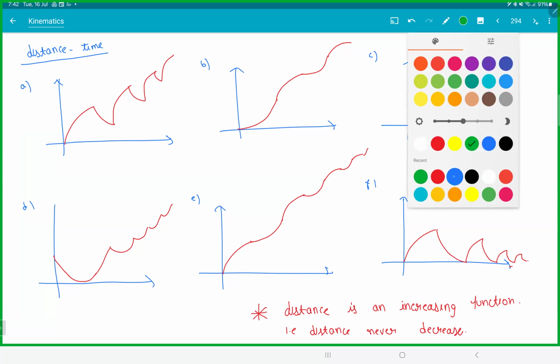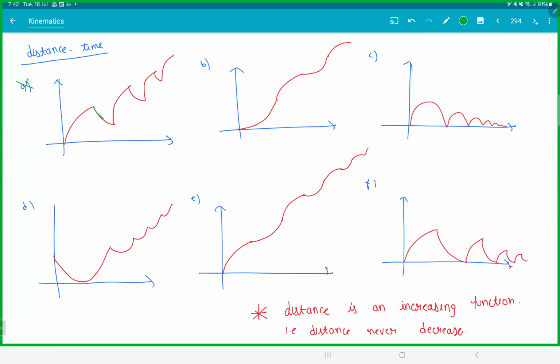So this guy is wrong because you can see it is decreasing here. This is wrong because initially S is 0 at t is 0, and you're not starting from 0. C is definitely wrong. This is a displacement time graph. Again, you can see it is decreasing. This is also wrong, decreasing.